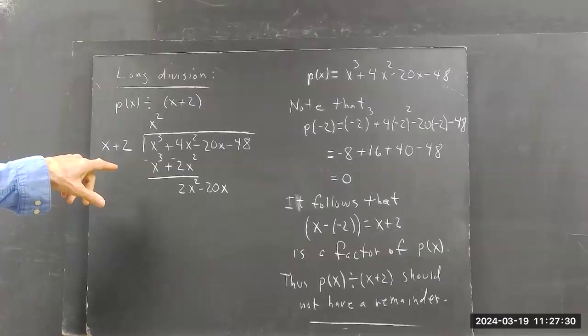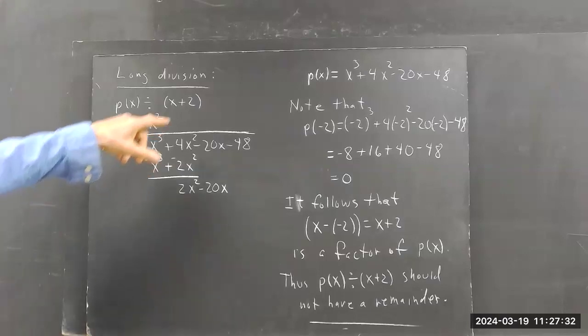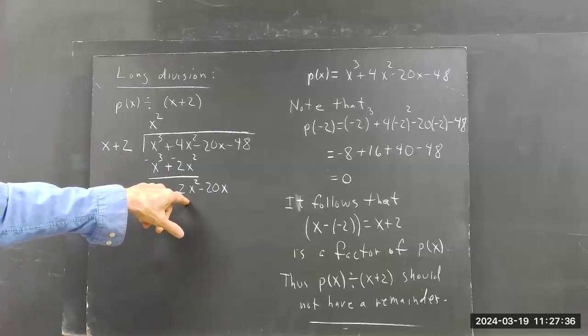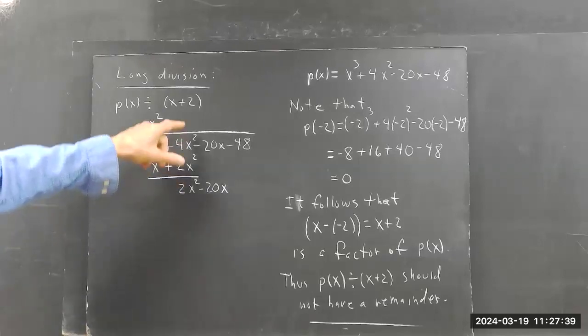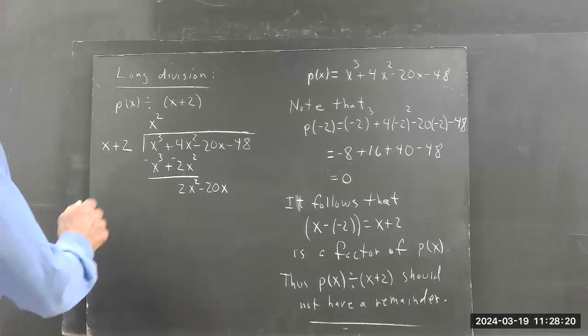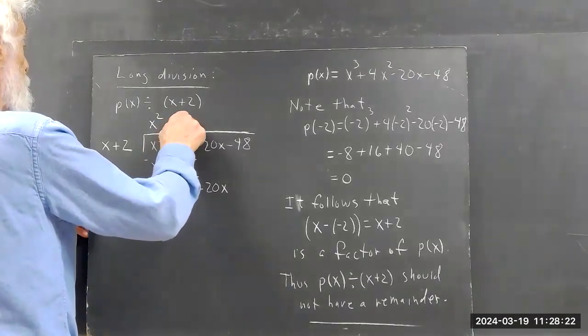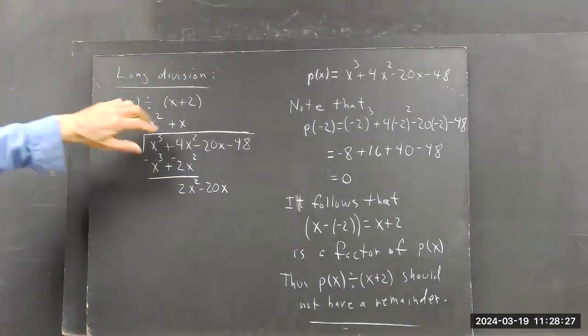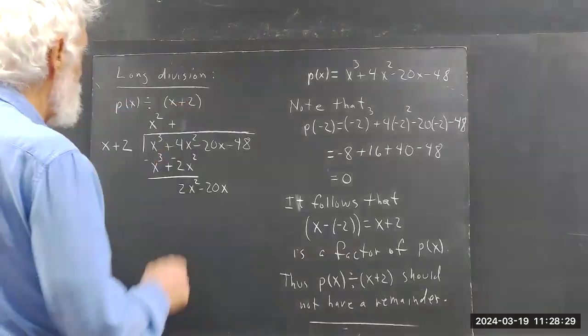Now, I'm going to put something up here, so when I multiply it by X, I get 2X squared. What would that be? Somebody tell me what I would put up above so that when I multiply it by X, I get 2X squared. Well, it's got to be, I'm sorry, it'll be 2X.